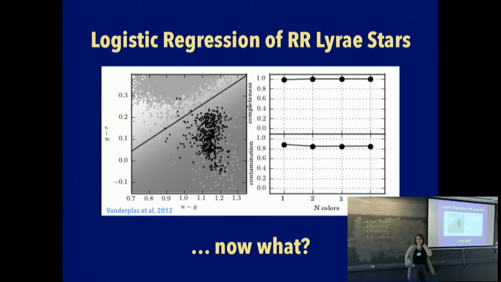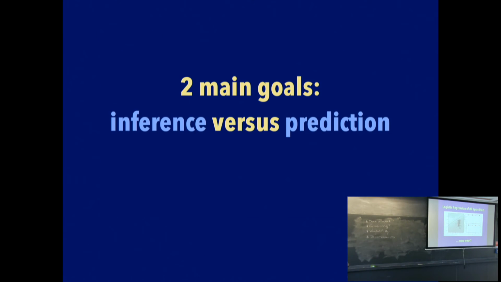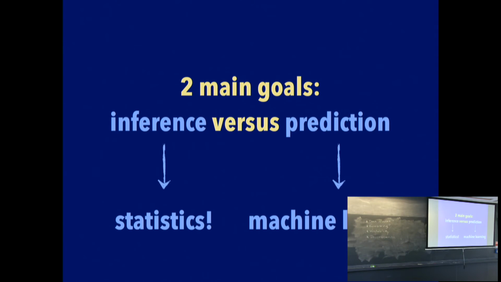That's a big problem, and that's where we get into the two main goals that you might have with anything that you do with data: inference and prediction. Inference means you want to learn something about the system you're studying by looking at data, whereas prediction just means you want to be able to predict new data points. Broadly speaking, inference is the field of statistics, and prediction is the field of machine learning.